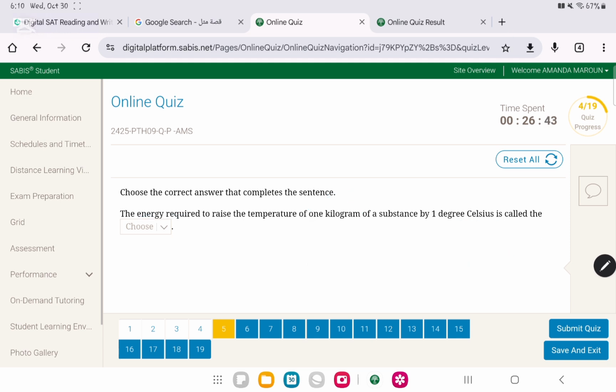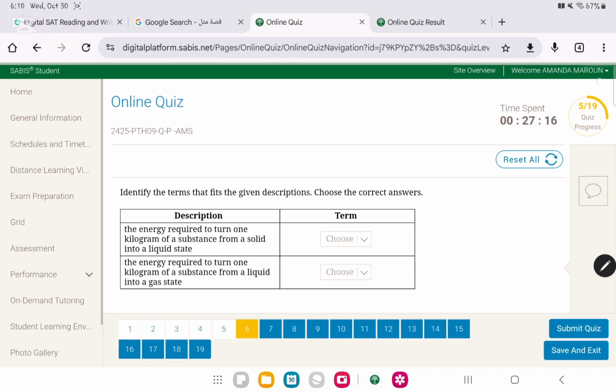But now, since we're talking in physics, and the mass in physics is in kilograms, it changes. So C is the energy needed to raise 1 kilogram of a substance by 1 degree Celsius. So anytime you see energy required to raise the temperature of 1 kilogram by 1 degree Celsius, immediately you put specific heat capacity.